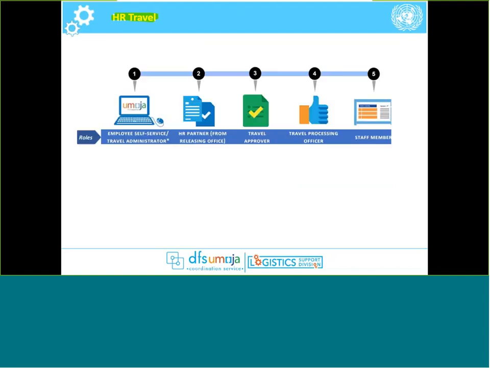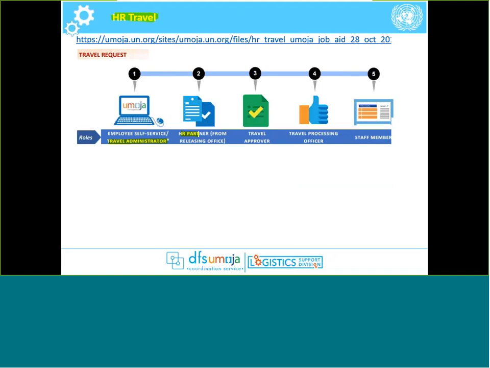HR, the same thing. We are not changing the process. We are only including a new traveler, which is going to be consultants. But the HR appointment process is the same. The travel administrator will raise the request.